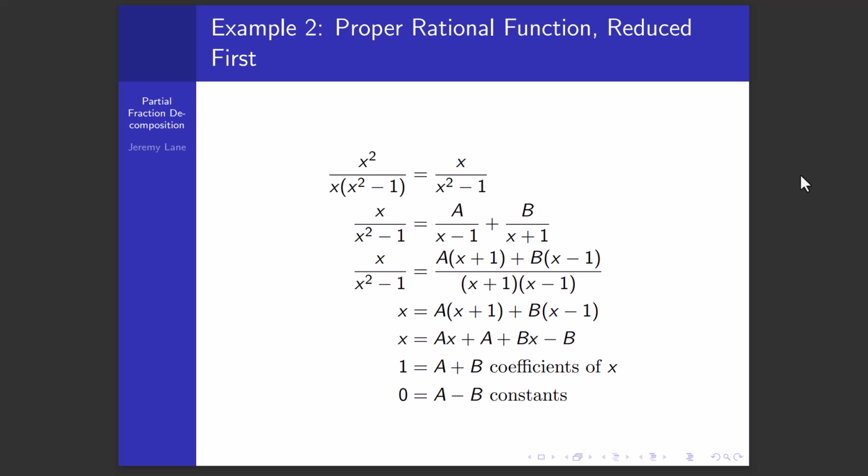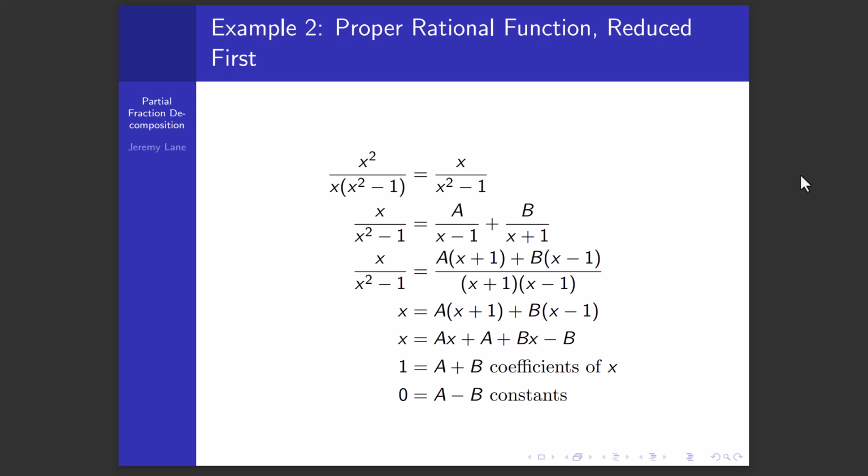So if we actually take a look at the same rational function, but this time reduce it first and then go ahead and perform the decomposition, we have that x squared divided by the quantity x times the quantity x squared minus 1.